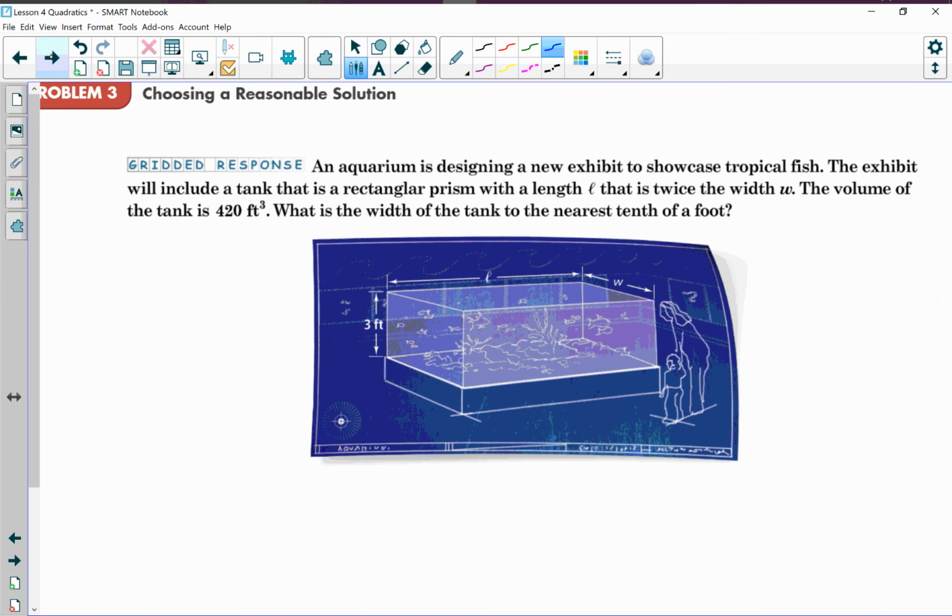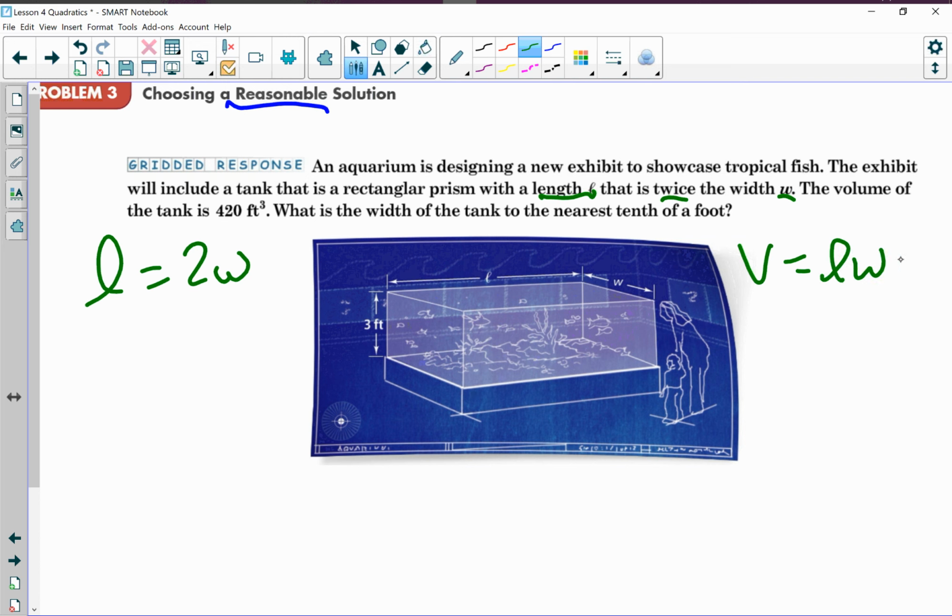Okay, some word problems. You can go ahead and read through this. We're looking for a reasonable solution, right? So here we have a fish tank, and we know the length is twice the width, so our length equals 2 times our width. We know the volume, which volume of a rectangular prism here is length times width times height. And we know that volume is 420.